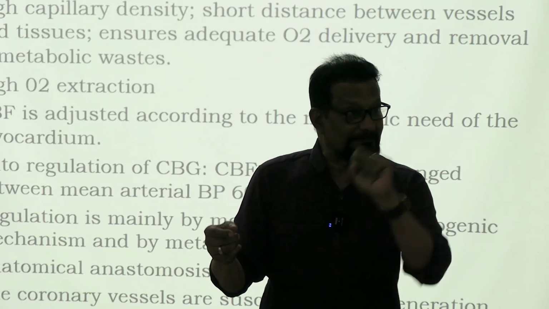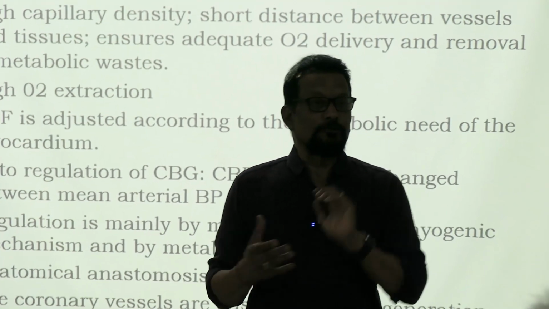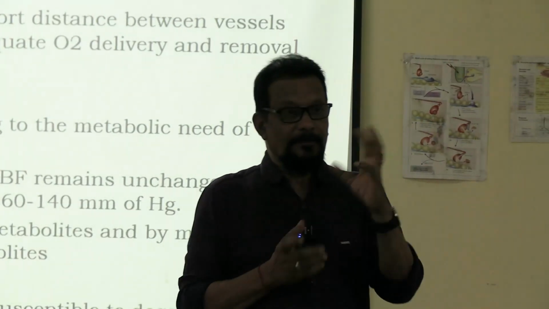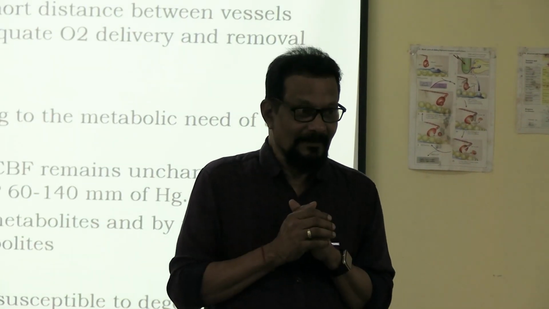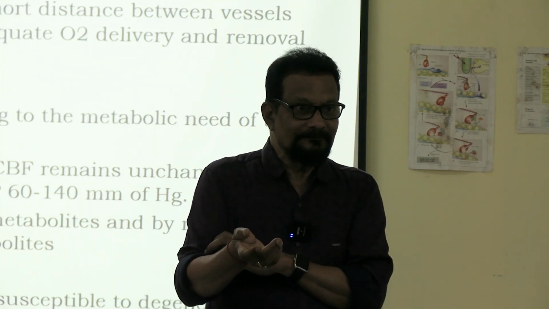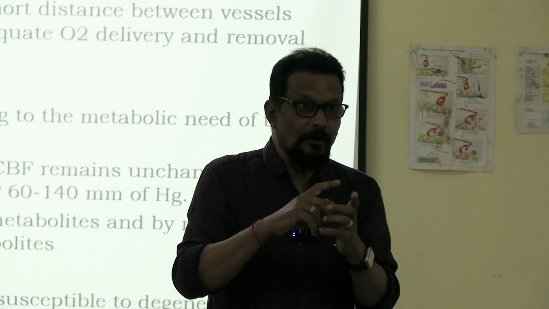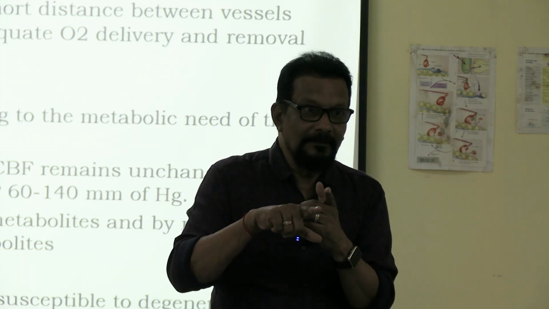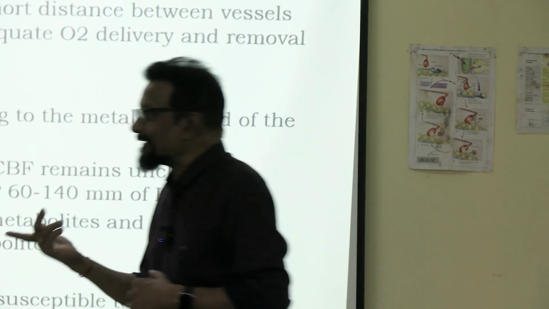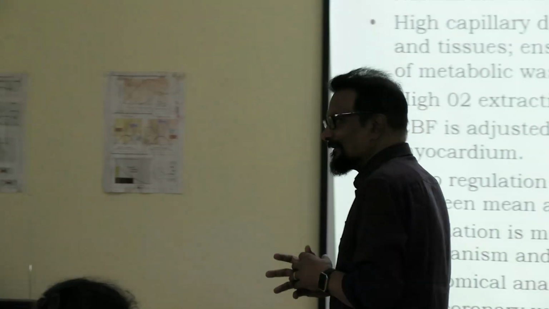Then you have to subtract this. Tissue normally extracts 4 to 5 ml. Then how much will be retained in the venous blood? 20 or 19 minus 5, 14. So in the venous blood, the oxygen content is 13 to 14 milliliter per 100 ml.